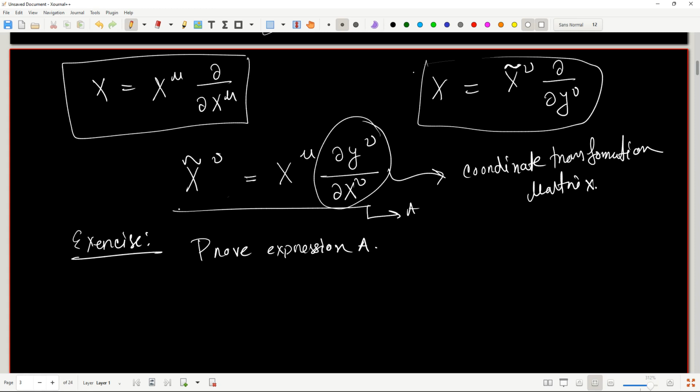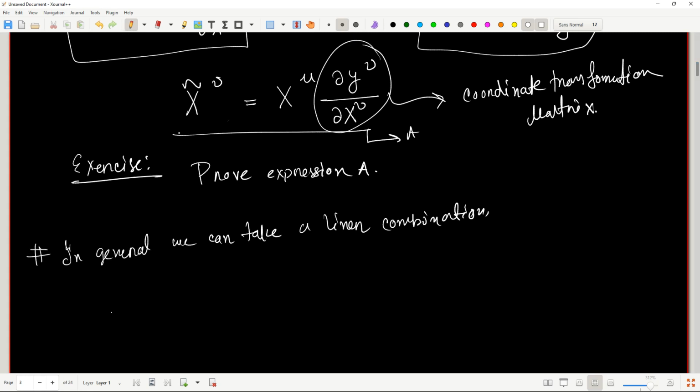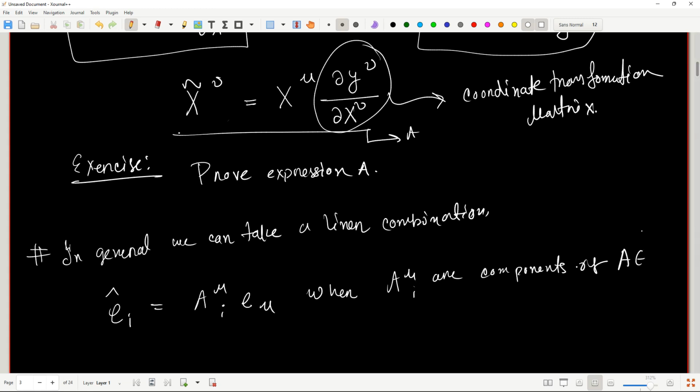In general, we can take a linear combination, let's call that e_i hat, and we denote it by A^mu_i e_mu, where A^mu_i are components of A which belongs to GL(m, R).